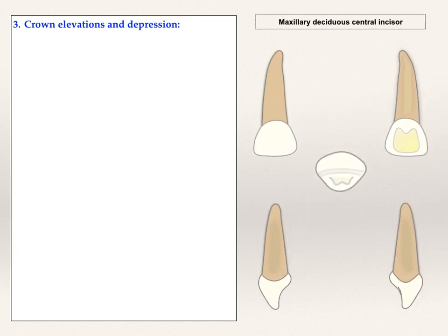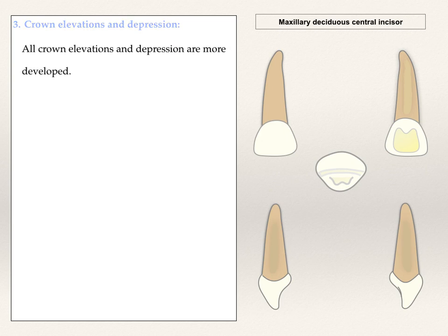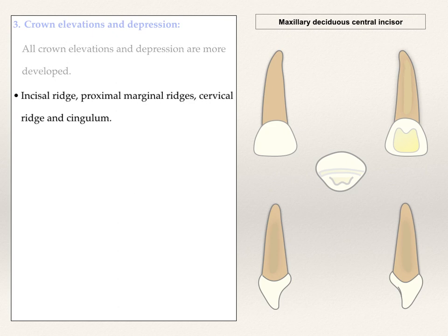Crown elevations and crown depressions. All crown elevations and depressions are more developed in deciduous teeth as a whole, and in incisors in particular, like the incisal ridge, mesial and distal marginal ridges, cervical ridge, and cingulum.